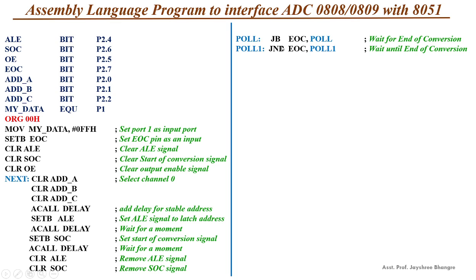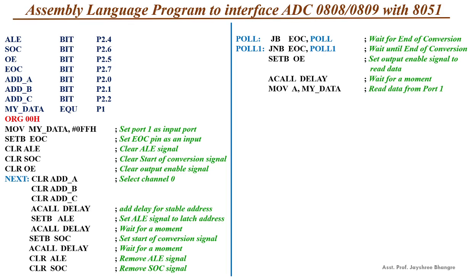First we have to wait for the end of conversion, and after this EOC pin goes low, we have to wait again for some time, and then read data using the instruction set bit OE. Then ACALL delay, wait for a moment, and then collect this data into the accumulator using the instruction MOV A, MYDATA. Clear OE, so clear the output enable signal, and read the next data.